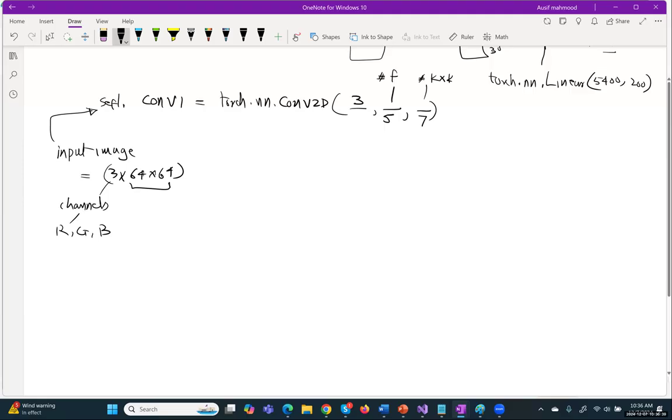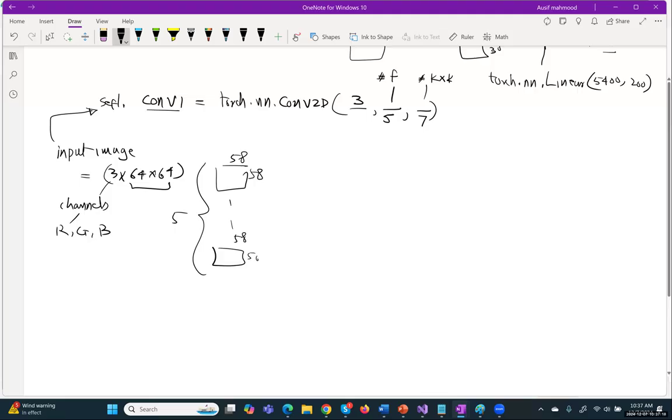Once we apply this convolution, there will be 5 of these produced by conv1, correct? And what will be the size of each? 64 minus 7 plus 1, so this will be 58 by 58. Sorry, is it 58 or 56? 58, right? Okay, so 58 by 58.